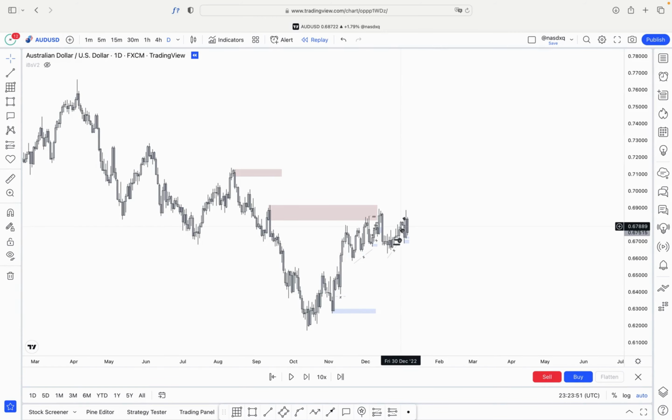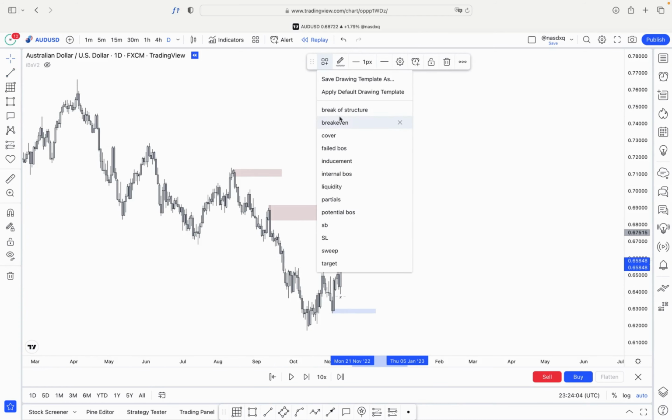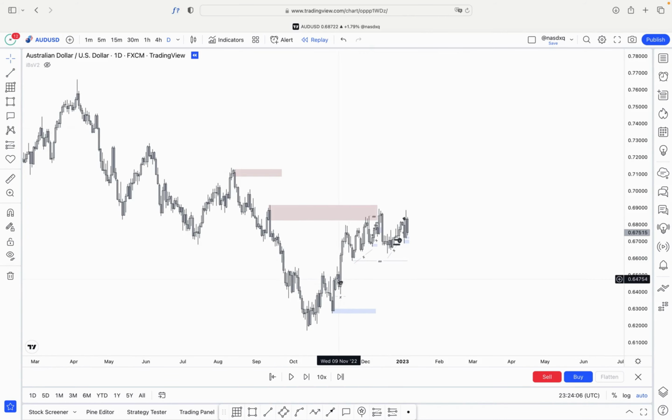So to me, that showed this supply was actually weak and price intended to go higher. I'd wanted to see at least this low here taken out if we were looking for any sort of shorts in here, maybe coming down into this demand before potentially pushing higher.